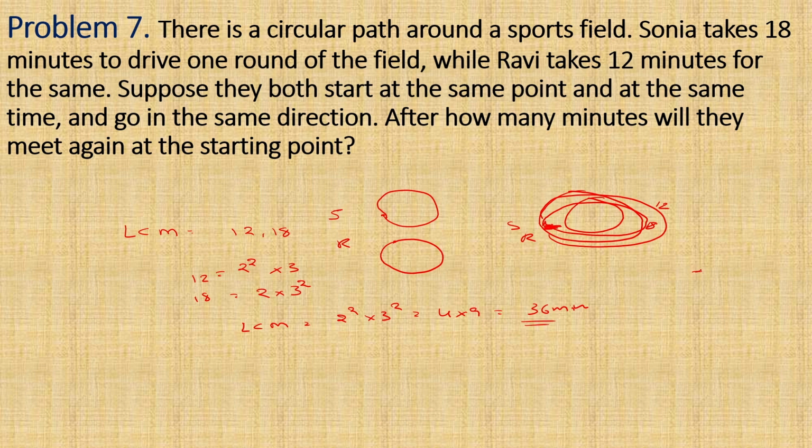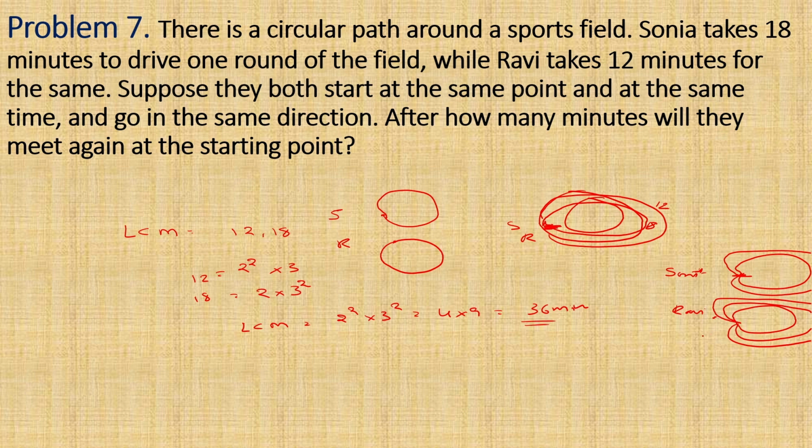So let's check this. First Sonia: in 18 minutes she completes one round, and 36 minutes means another 18 minutes, 18 into 2, 36. So she is at the starting point. And Ravi, in 12 minutes he completed one round. First 12 minutes one round, second 12 minutes one round, third 12 minutes another round.